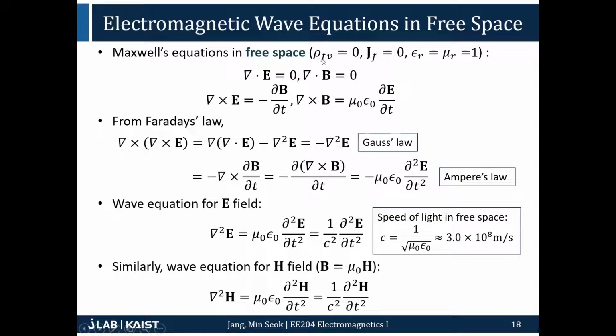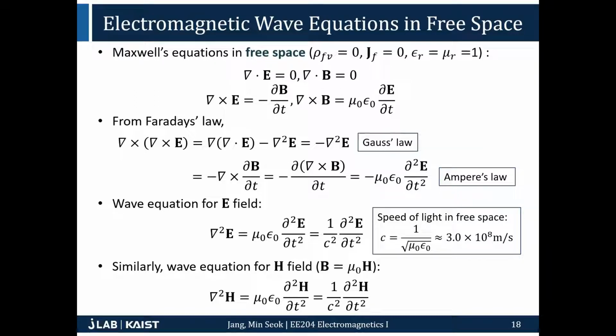What I mean by free space is that epsilon r and mu r are 1, right? Because there's no material, the relative permittivity and relative permeability must be 1. And then there's no source, so there's no free charge and no free current. So J_f is 0, rho_fv is 0. These are very convenient conditions, right?